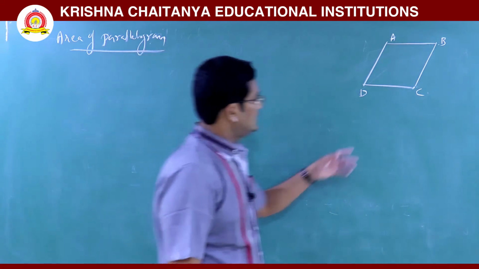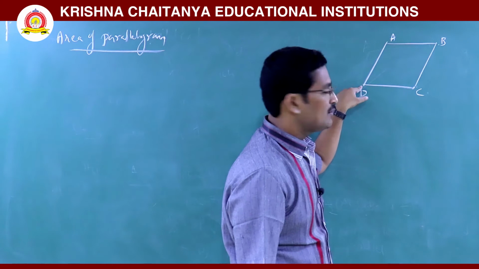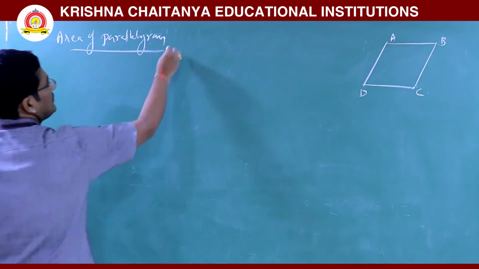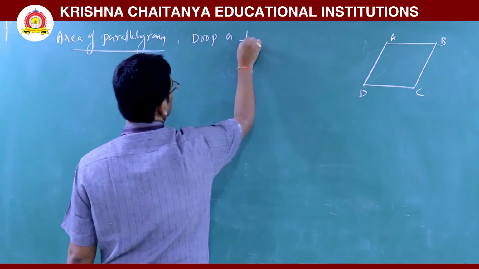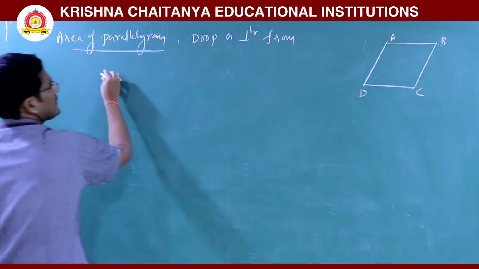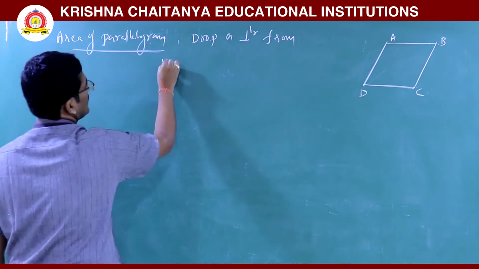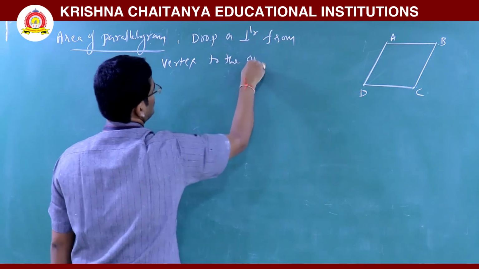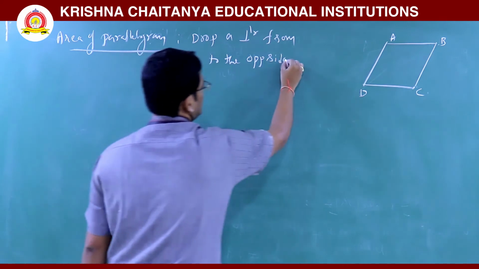To get the area of this parallelogram, first you have to drop a perpendicular line from the vertex to the opposite side. First you have to do that construction.